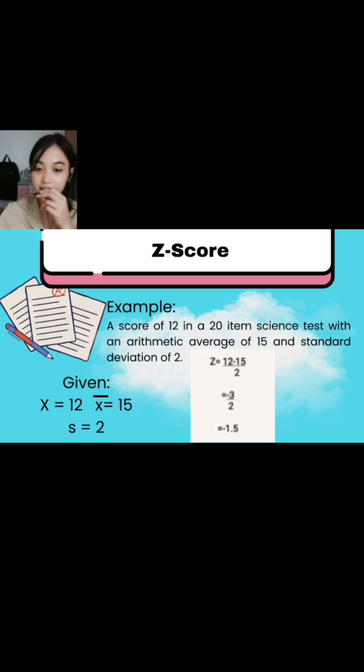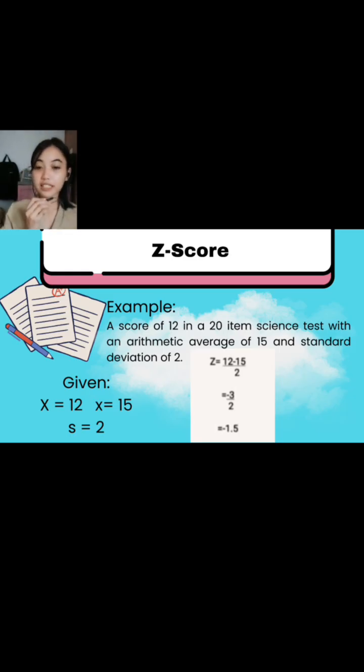So the given: our raw score, which is x, is 12, our mean is 15, while our standard deviation is 2. So we're going to use the formula of z-score. 12, which is the raw score, minus 15, which is our mean, equals negative 3, and we will divide it by our standard deviation, which is 2, equals negative 1.5.